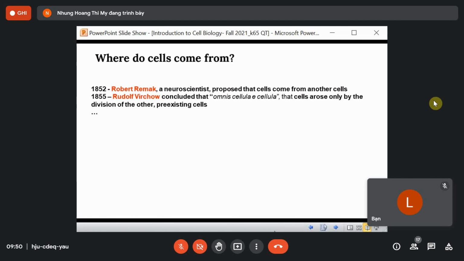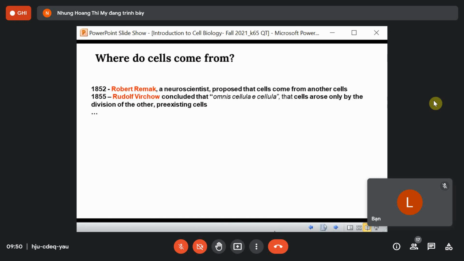I think it's not a very difficult question, right? Maybe the question makes you confused, because it's quite obvious that the cell comes from a pre-existing cell, or from cell divisions. So the cell exists and then it divides, or it can produce another cell. So we can understand it very easily now, it must go in this way, right?